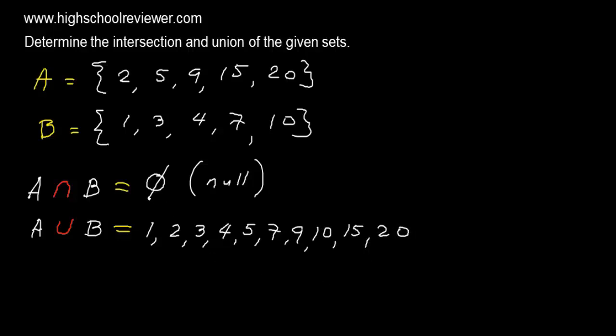Since there are no elements intersecting the two sets, all the elements here belong to the union of the two sets. Therefore, these are now our final answers.